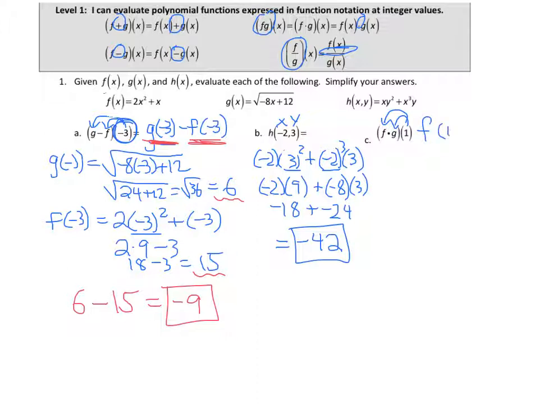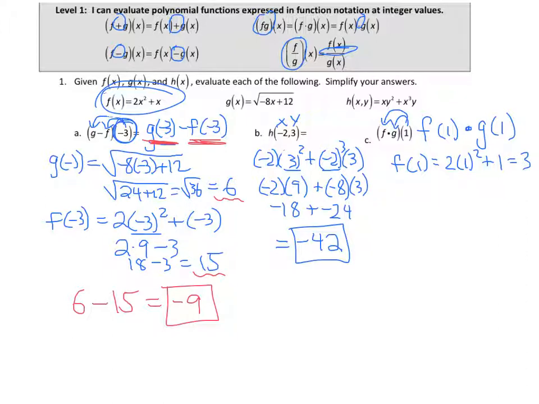So I'm going to find f of 1 and g of 1 and multiply them together. So f of 1, I plug 1 into f of x, and we get 2 times 1 squared plus 1. That comes out to 3.